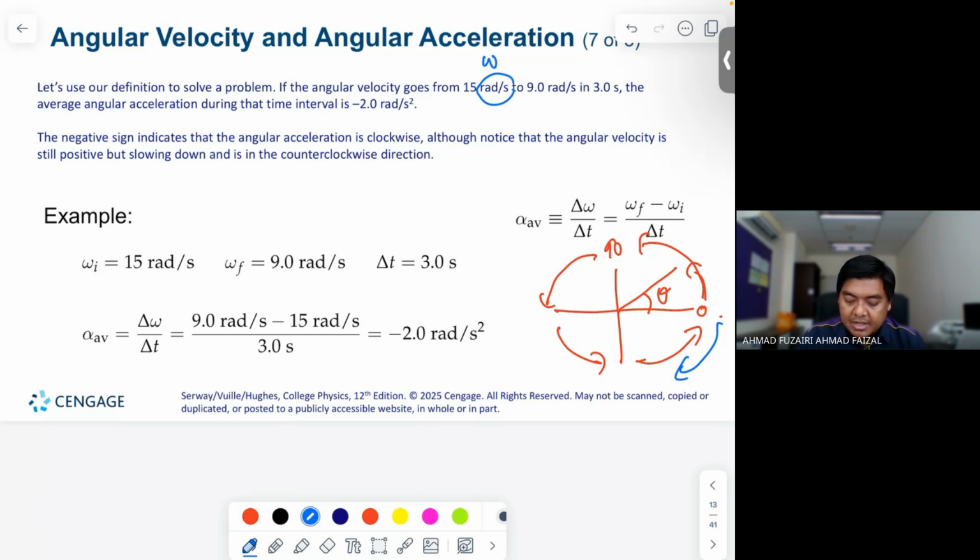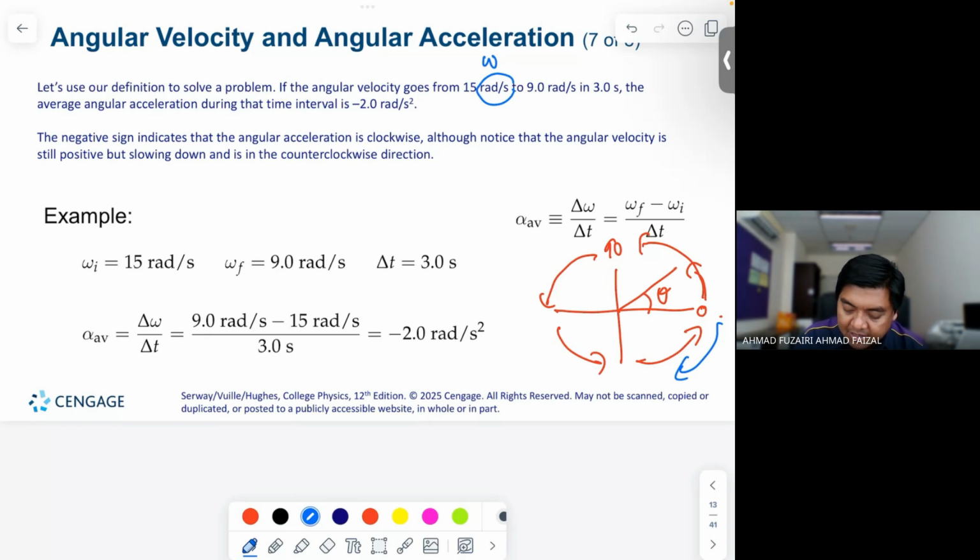So when we want to find the acceleration, delta omega is final minus initial. Final is 9 and 15 is initial, so 9 minus 15 becomes negative 6, divided by 3, so you will get negative 2 radian per second squared.